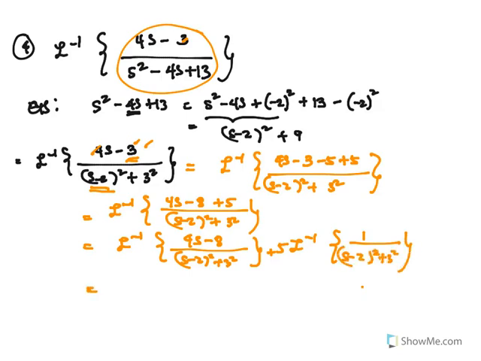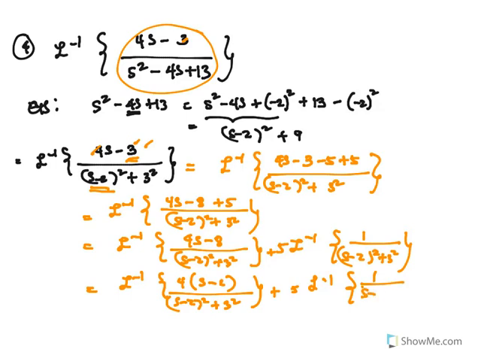And then if you factor out the 4, you'll have the inverse Laplace of 4 times s minus 2 all over s minus 2 squared plus 3 squared, plus 5 inverse Laplace of 1 over s minus 2 squared plus 3 squared.